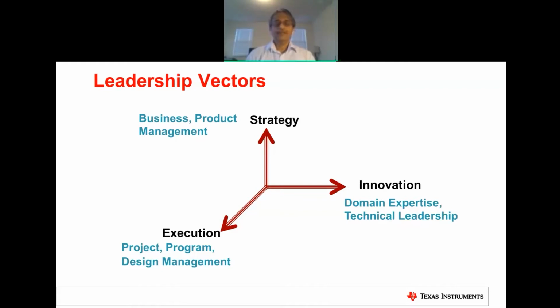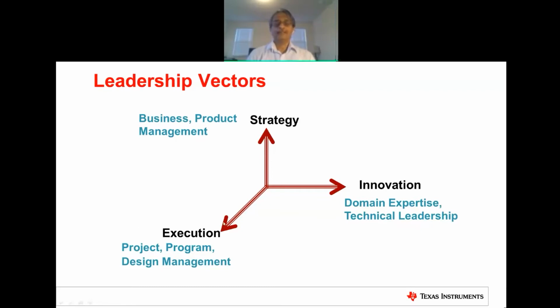So if you really look at building some of these products and enabling this, it requires a need for roles that drive leadership on all these vectors. This innovation in terms of really driving technical leadership, having deep domain expertise.